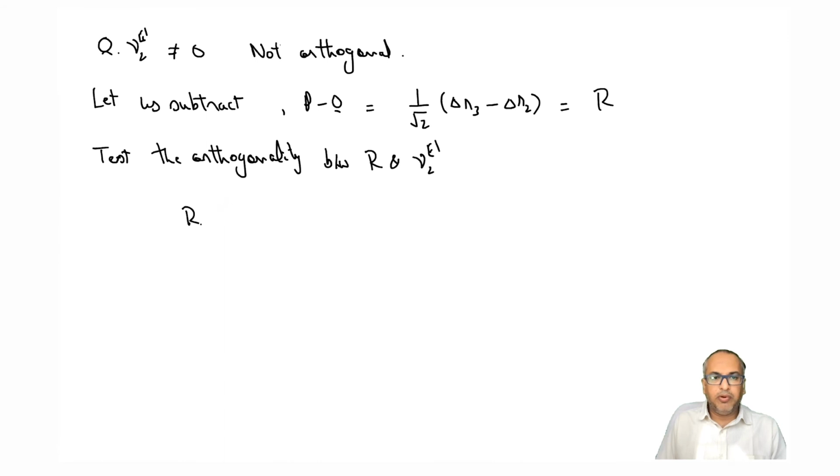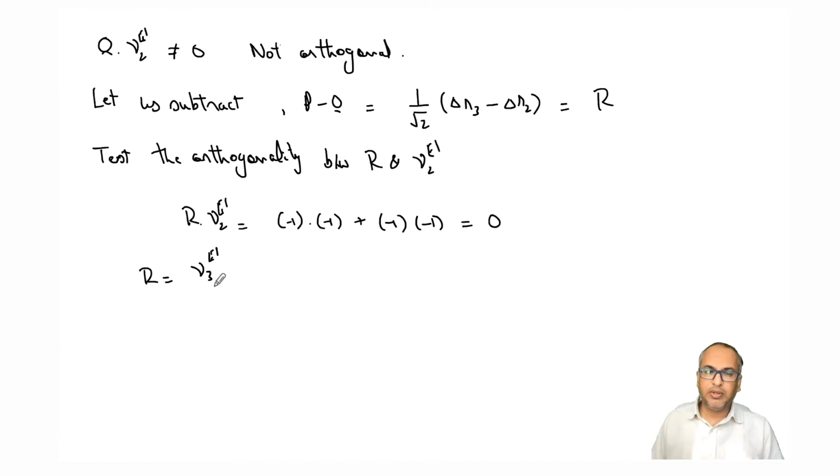That will give you, for delta R2, minus 1 here and minus 1 there, plus 1 into minus 1, and this goes to 0. So that means R can be treated as nu3. So R is equal to nu3, the third vibrational mode which we are looking for.